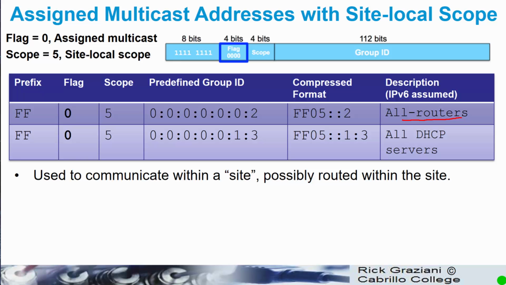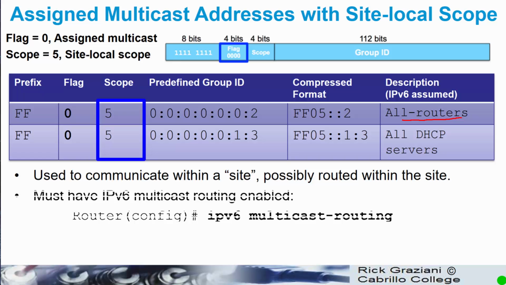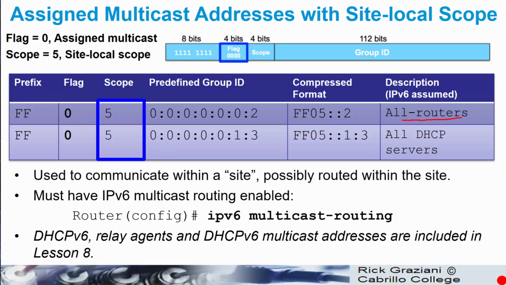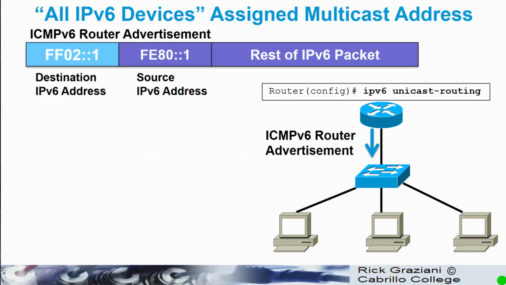So with that said, again, our scope, multicast routing, IPv6 relay agents, and multicast addresses are included in a little bit later lesson, I believe in 2 chapters. So IPv6, all devices assigned within that multicast address space. Again, we have to turn on IPv6 with IPv6 unicast routing.